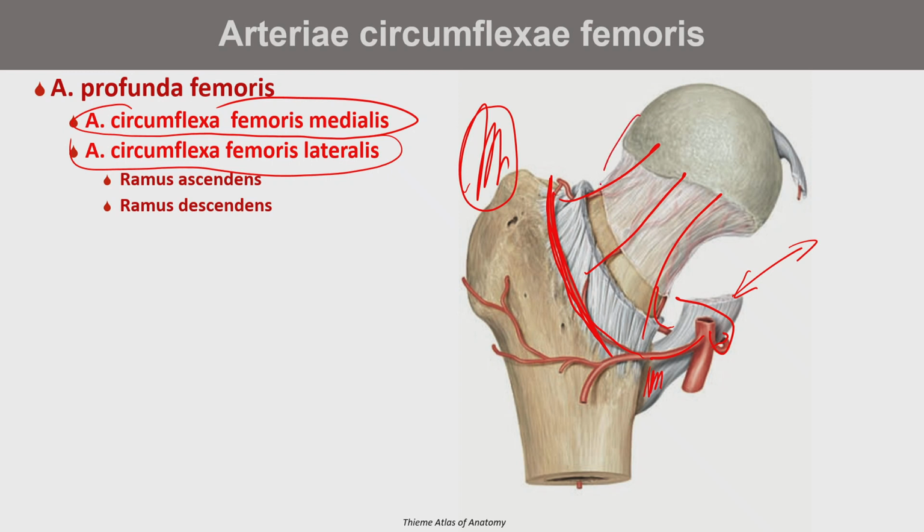And this image shows nicely that there is a capsula of the hip joint. And you can imagine that when the fracture occurs, it could be also here, also here. So then the bleeding from this major artery could be very severe.